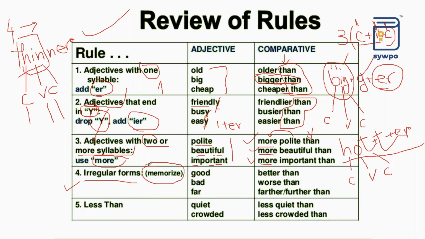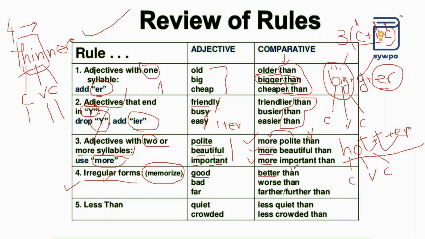Means you have to read them and remember. So for example, the word good, it is better than. So you see good and better, they are not the same words, they are not similarly spelled, they are different. That's why we call them irregular. But this is the higher degree than this one. That's why you have to memorize them.